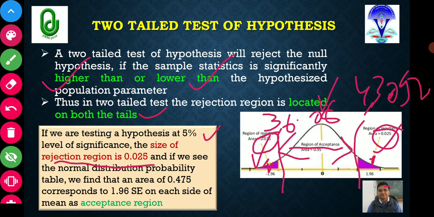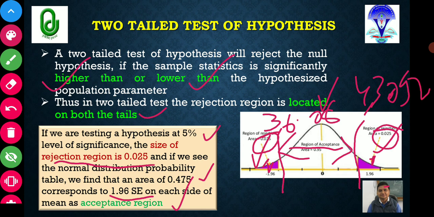And if we see the normal distribution probability table, we find that an area of 0.475 corresponds to 1.96 standard error on each side of the mean as the acceptance region. So 0.025 is the rejection region on both sides of the mean, and 0.475 is the acceptance region on both the sides of the mean.